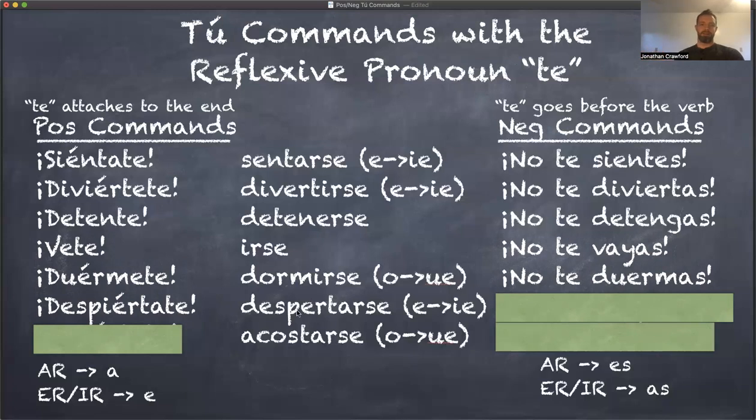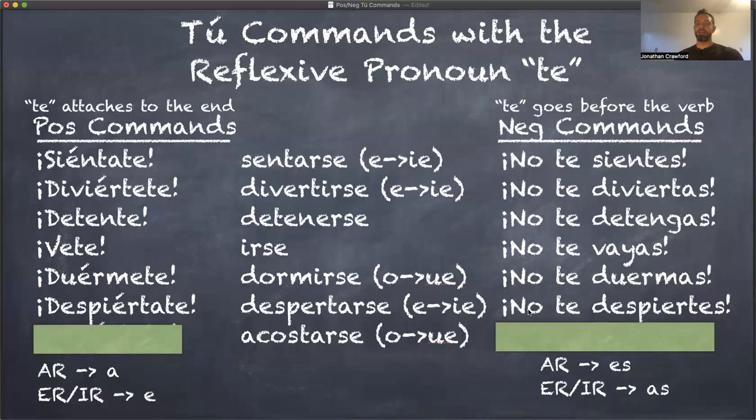And so despertarse will be despier, and it's despiértate. In this case, for negative, it'll be no te despiertes. And it's an ES because it's a negative command. No te despiertes. Don't wake up. Es muy temprano. It's very early. No te despiertes.